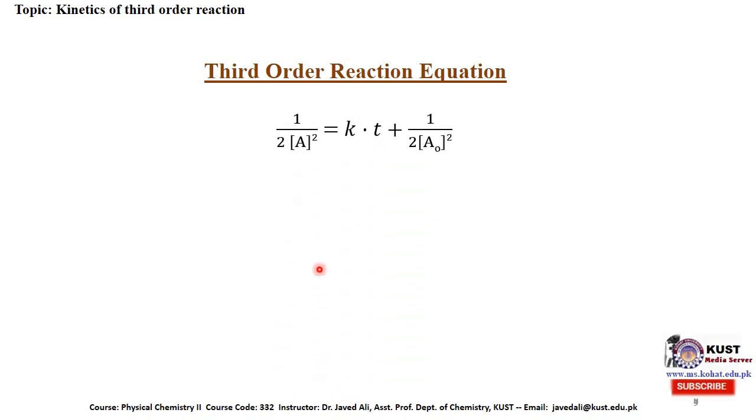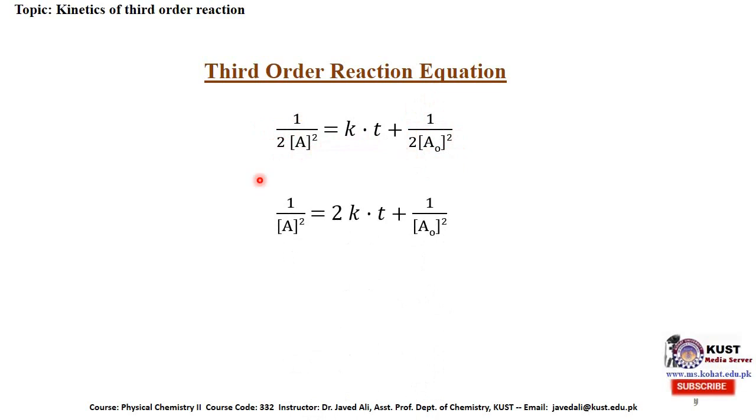So by putting the value of Z in this equation, we get the final one: 1 divided by 2A square is equal to Kt plus 1 divided by 2A naught square. So 1 divided by 2A naught square is the value of Z.